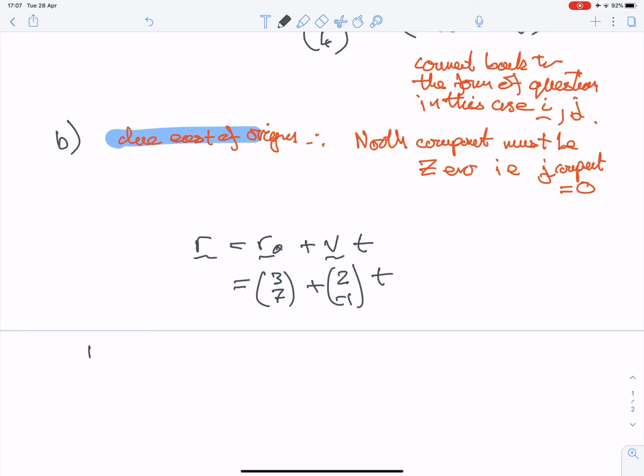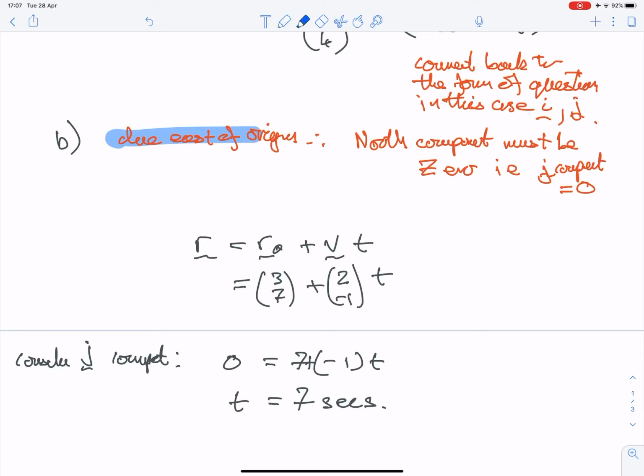Consider the j component, so 0 must equal 7 minus 1 lot of t. So t equals 7 seconds. Okay, I hope that's clear.